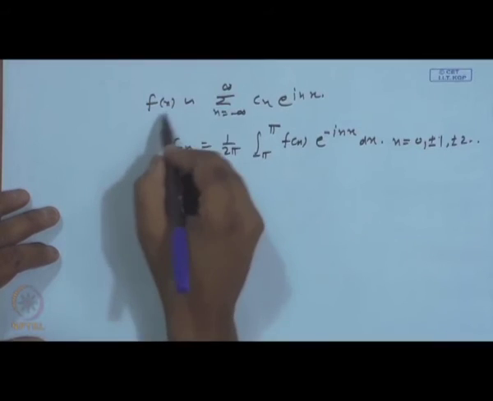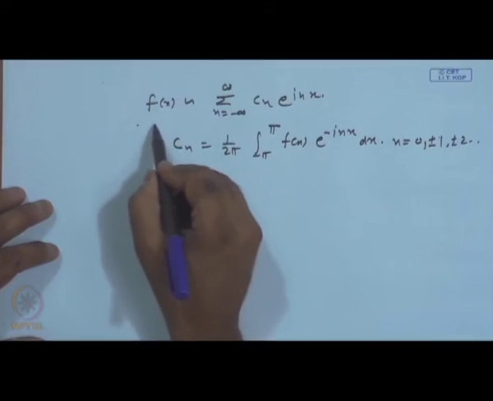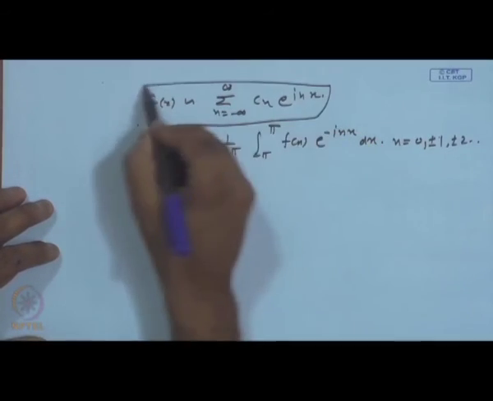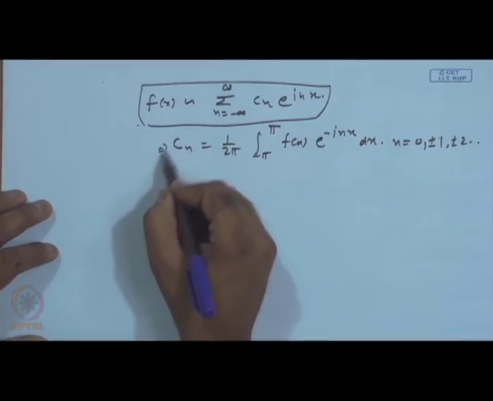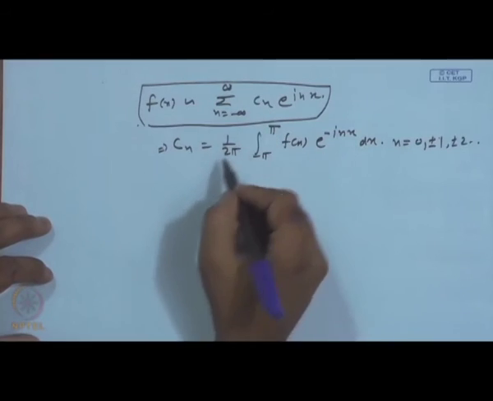So, this form of the Fourier series is called the complex Fourier series, and these are called the Fourier coefficients of that complex form.